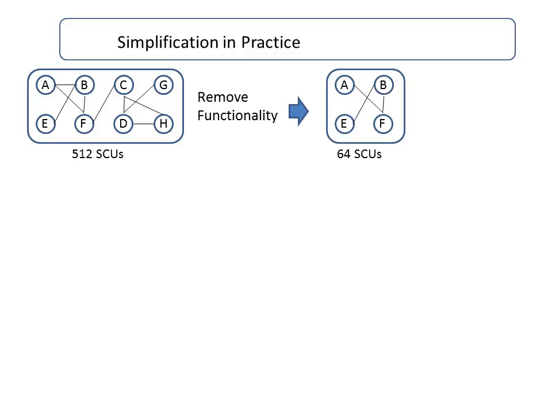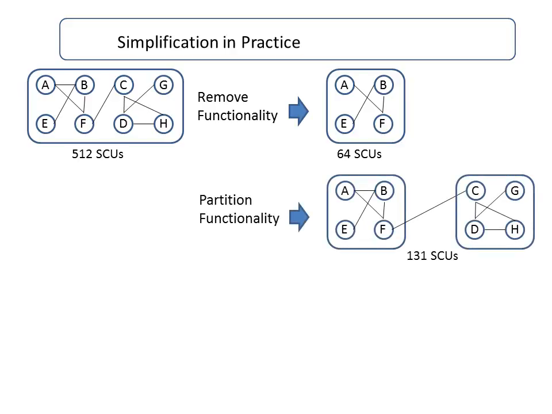Usually, the process of simplification is going to entail partitioning the functionality that we have there. So it's a matter of splitting the large system into smaller systems in such a way that the overall complexity is decreased. So here, by carefully choosing 4 functions that we're going to put in one subsystem and 4 in another, we've had a decrease in the total complexity of the system from 512 SCUs down to 131 SCUs.